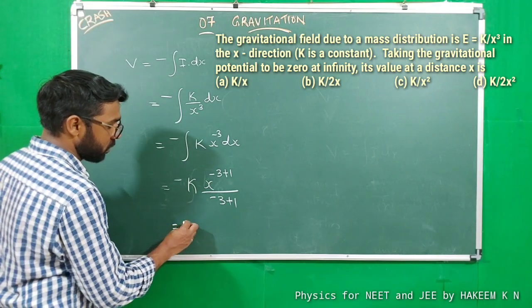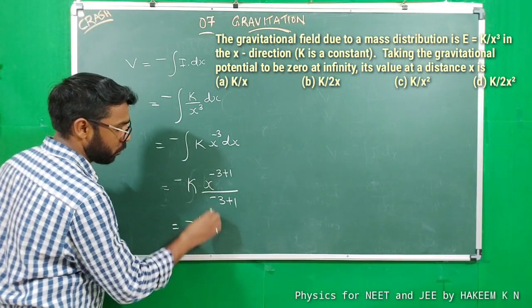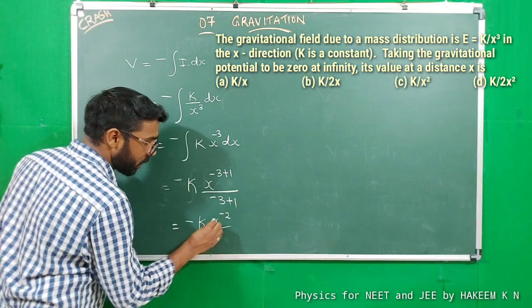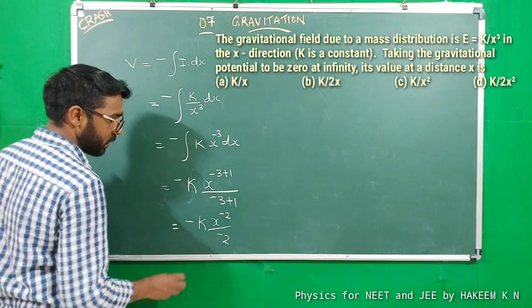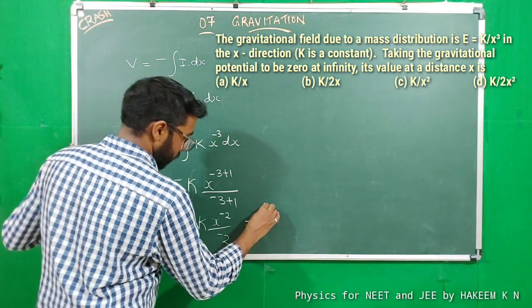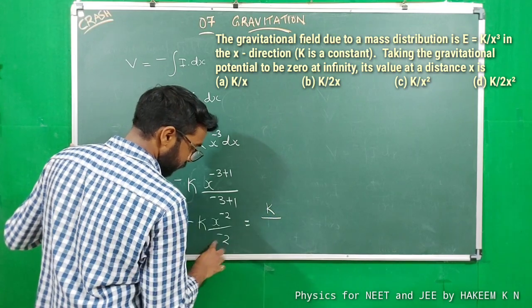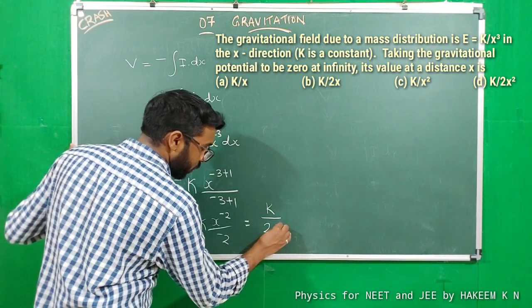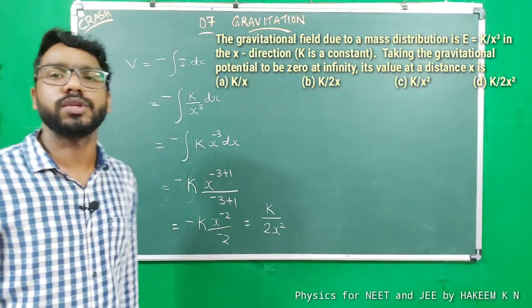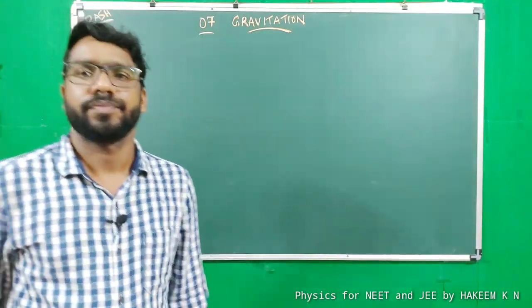So we will get minus k into x raised to minus 2 by minus 2. Minus minus cancelled. We will get k by 2x square, since x raised to minus 2 goes to the denominator. So k by 2x square is the answer.